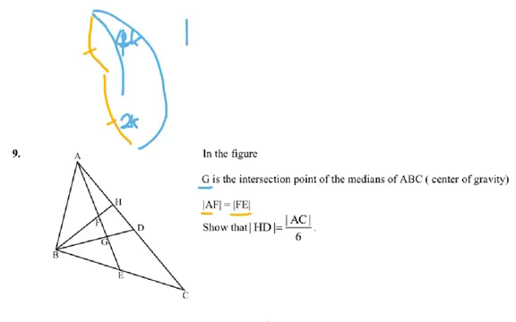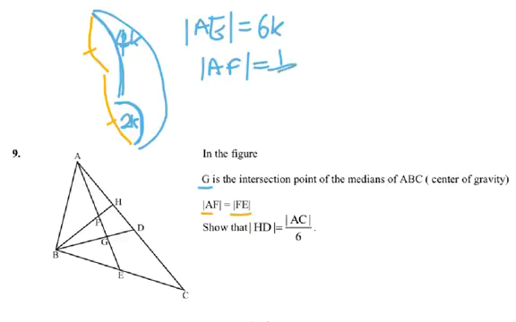So the whole thing here, the length of AE, let's just use some notation here. At the moment we've got it as 6K, divided by the ratio 4K to 2K. To divide that by 2, AF we know is half the length of AE, and so we know that that's 3K.